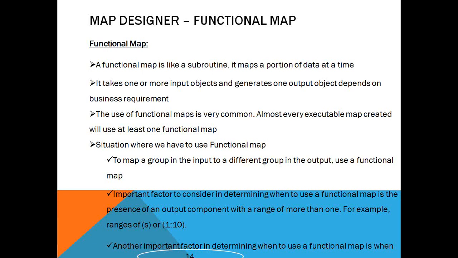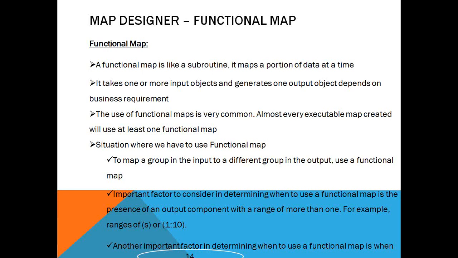It performs some function. Similarly, here also, it will do the mapping of a portion of that group. It can take one or more input objects and generate one output object, depending on the business requirement. So it's nothing but the functional map.